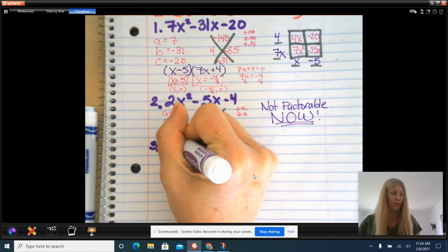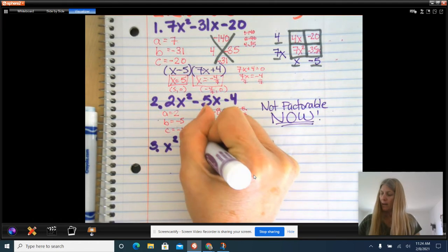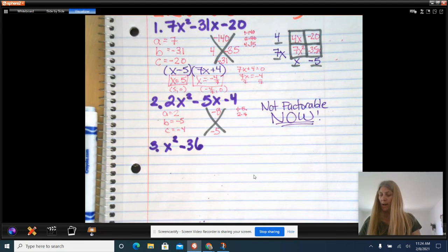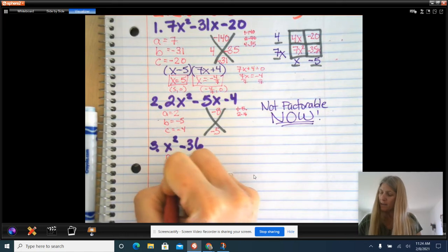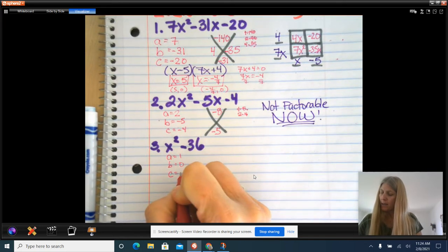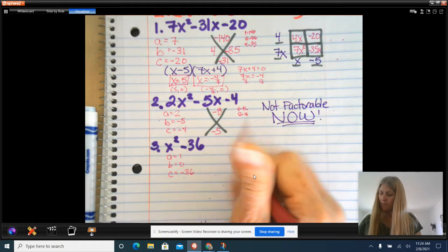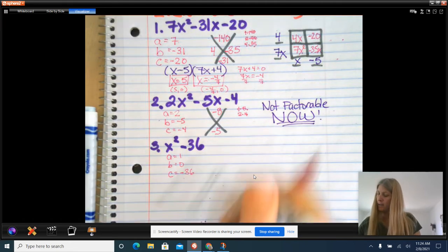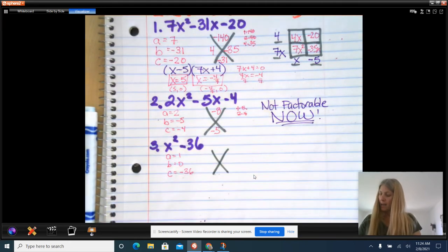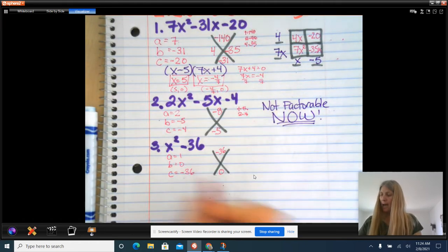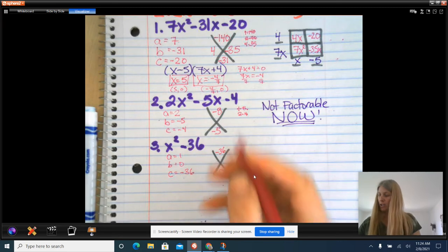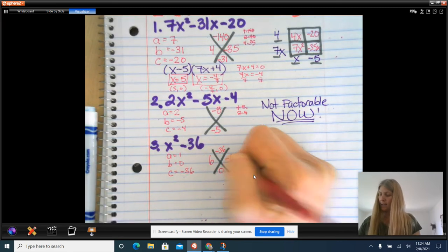Now, we came across this kind of weird situation. Like I said, this is our difference of squares. And this is where you have one of your letters missing. But that doesn't matter. We can simply solve. A is 1, B is 0, and C is negative 36. We go ahead and have that negative 36 times 1 up top, and our B goes on the bottom. And this is where we end up with opposites of each other, 6 and a negative 6.